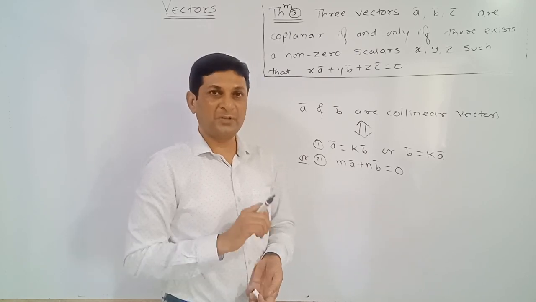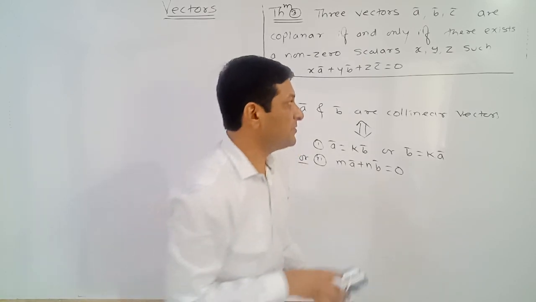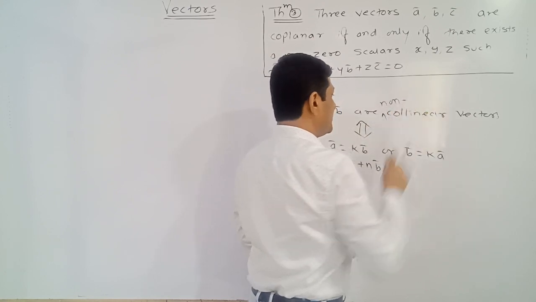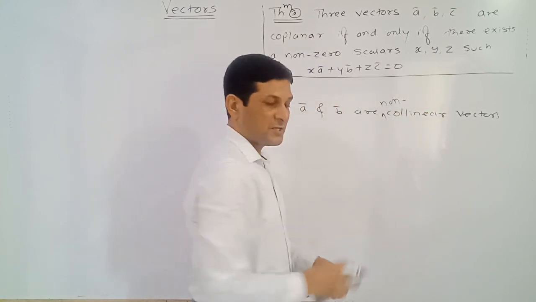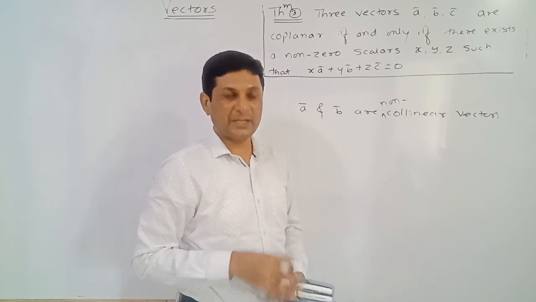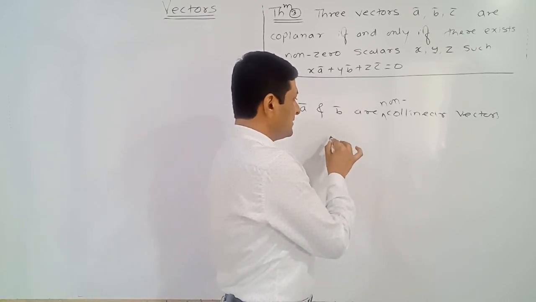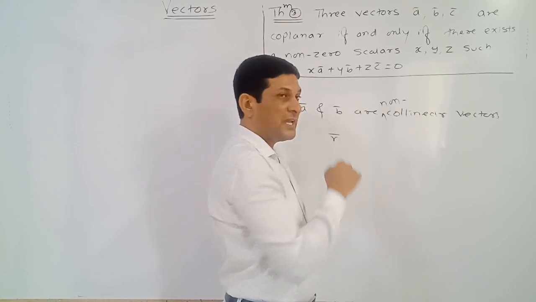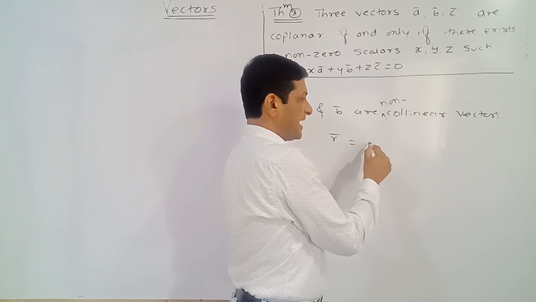And what is the second theorem? In the second theorem, A bar and B bar are non-collinear vectors. If A bar and B bar are non-collinear vectors, let us see what result we have got. We are revising the result which you have proved in the second theorem. If these two vectors are non-collinear, we have proved that there exists a vector R bar in the plane of A bar and B bar, which is expressed by a linear combination of A bar and B bar.